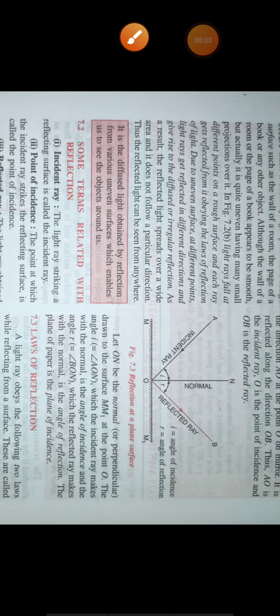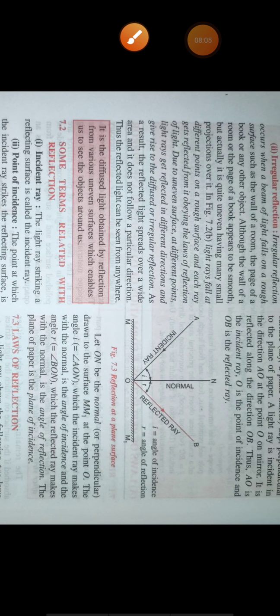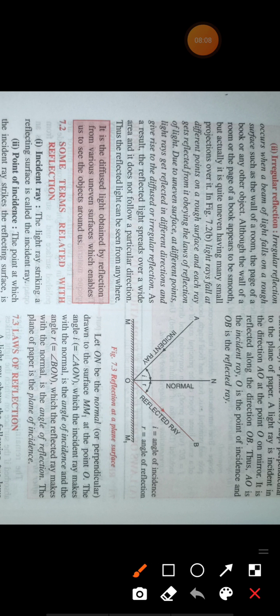Now what is normal line? Normal is an imaginary line which is perpendicular to your surface. M prime is your surface. Perpendicular means a line which makes an angle of 90 degrees with your surface.